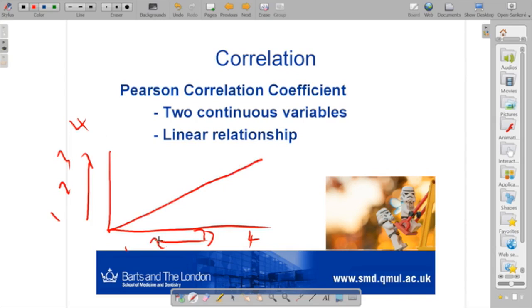So as this one along this axis goes up, that one goes up as well. So small, small, big, big. That's a positive correlation.